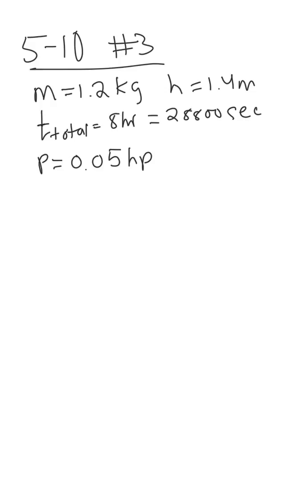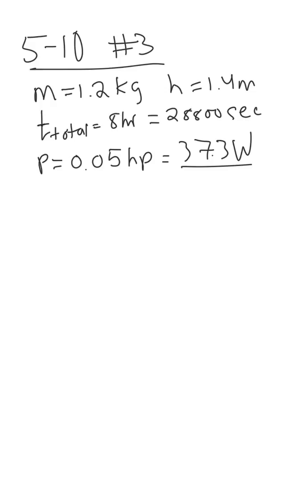So to get from horsepower to watts, we're going to do 0.05 times 746, which gives us a power of 37.3 watts. All right, so that's a power of 37.3 watts. That's the value we are going to be using.